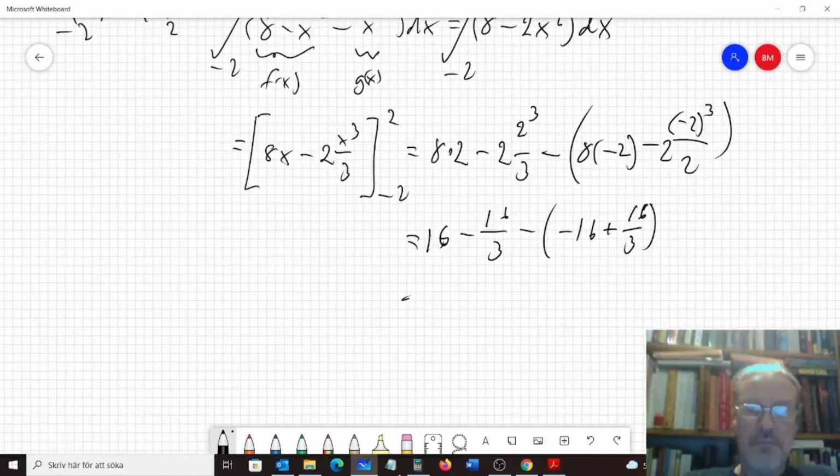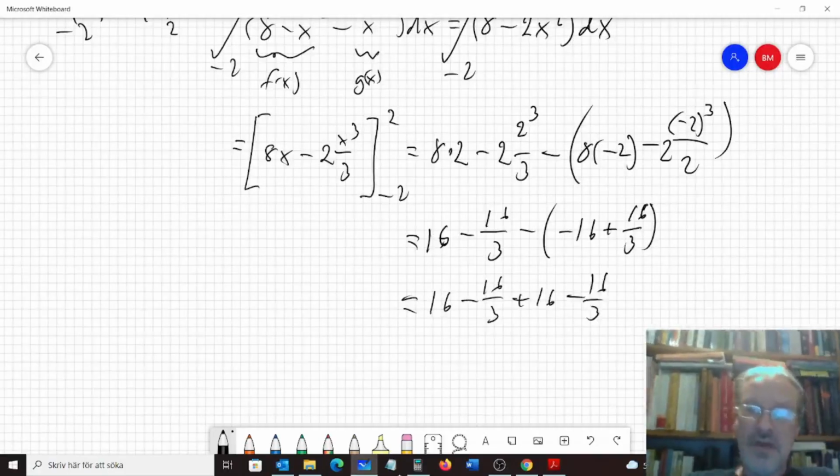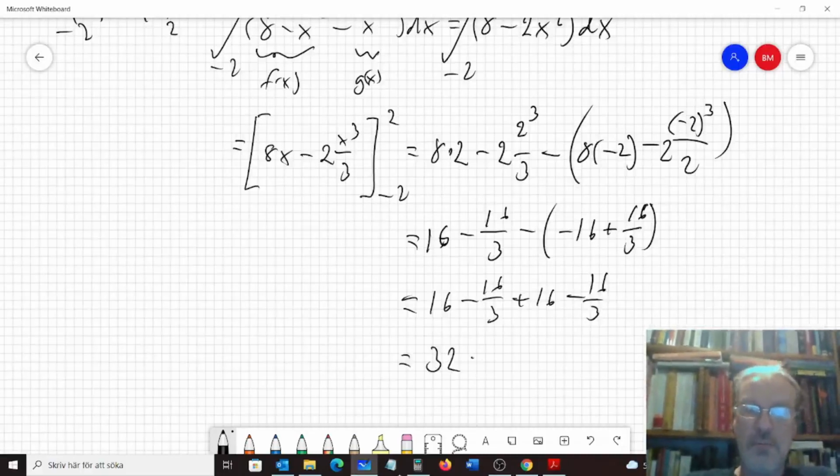Getting rid of the brackets here. 16 minus 16 thirds minus minus, that is plus 16 minus 16 thirds. 32 minus 32 thirds.